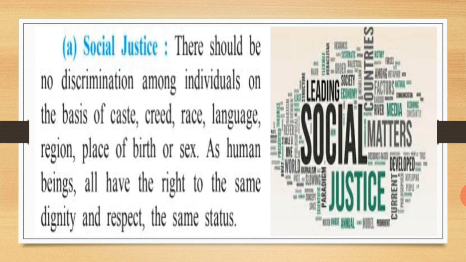Whichever caste they belong to, if they apply for a position in an office where there is a vacancy, then based on caste or sex, whether they are male or female, they should not be discriminated. Opportunity should be given to all. So this is called social justice.